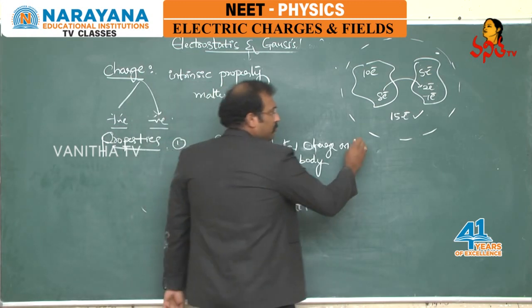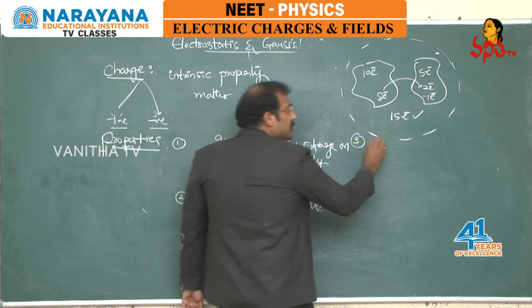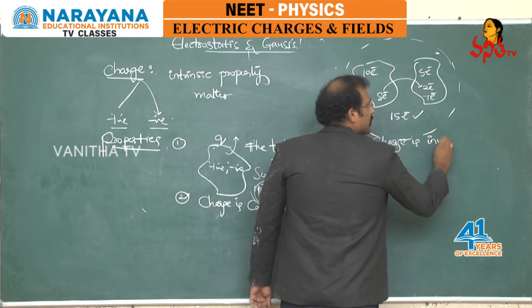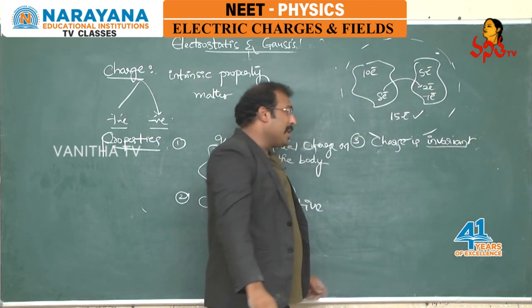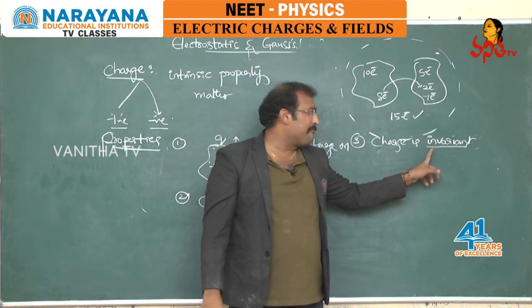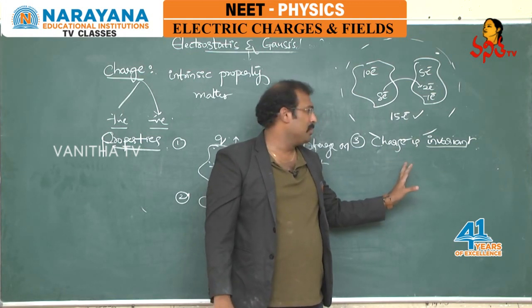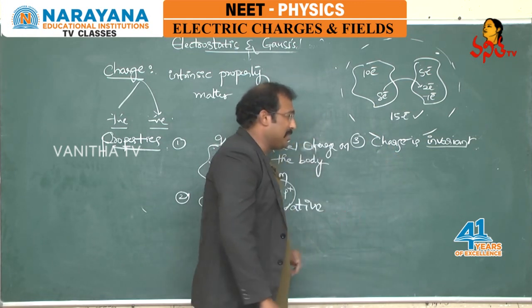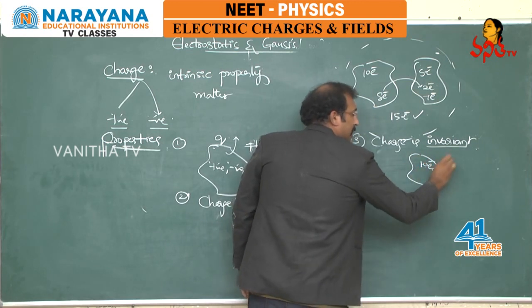The third property of the charge is invariant. Charge is invariant. What does this invariant word mean? Invariant means we have frames of reference. We see the charge from any frame. The charge upon the body is independent of the frame. Let us say an example. Suppose there is a body upon which there are 10 electrons.